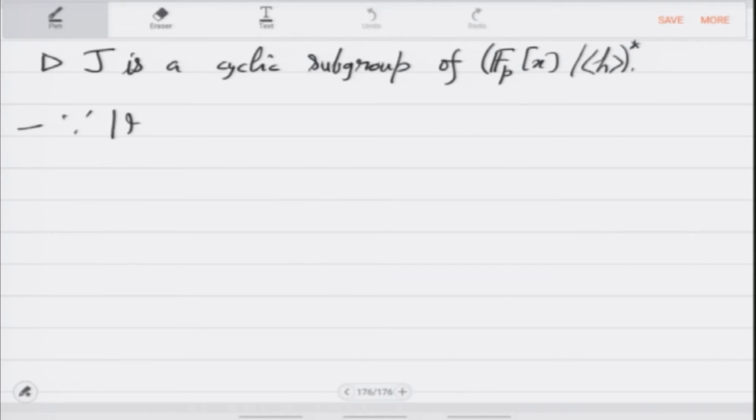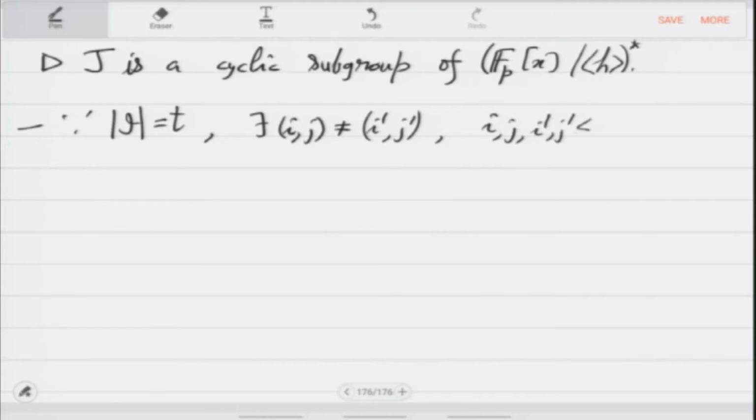since the size of I, the subgroup I, is t, there exist two different pairs (i, j) and (i prime, j prime), all at most square root t, such that n raised to i p raised to j is n raised to i prime p raised to j prime mod r.